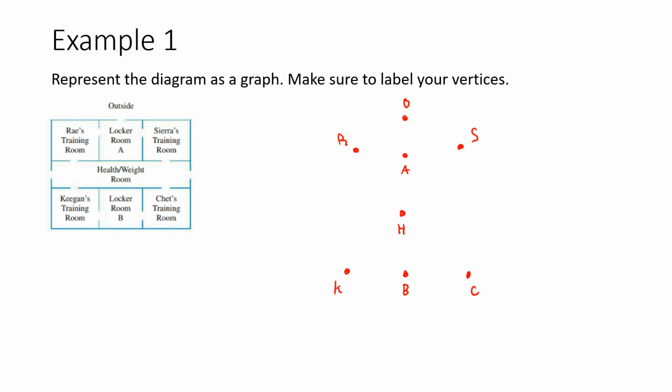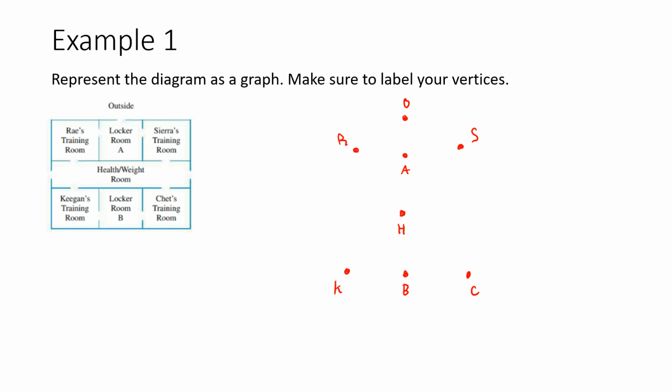No. Doors are going to be the edges because there's a physical way to go. Now, am I saying you couldn't use walls here? You could use walls, right? And connect locker room A to the health and weight room. The problem is, what are you going to use that for? There's probably a lot more applications if you can physically get to one room versus if you can't. You know what I'm saying?